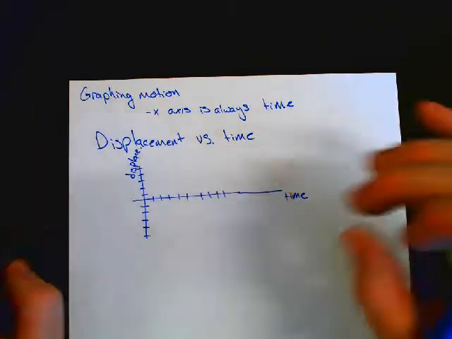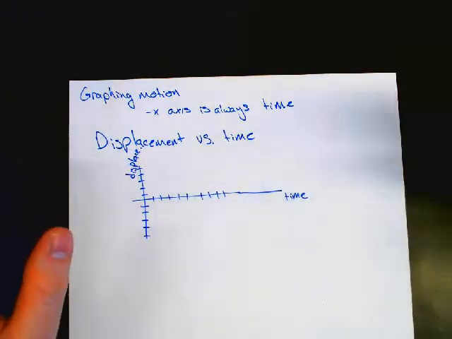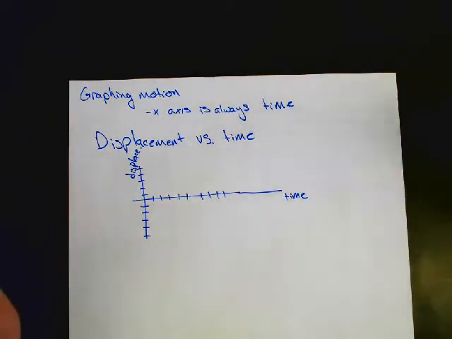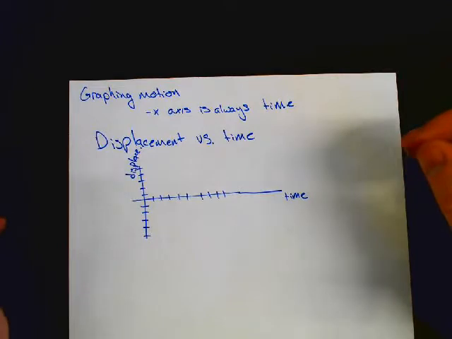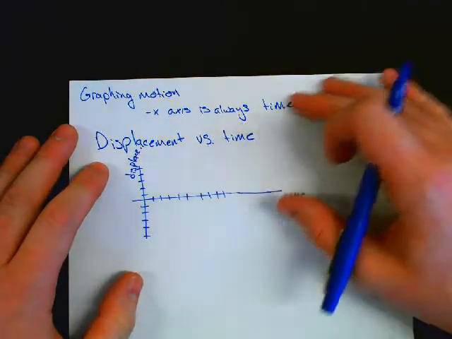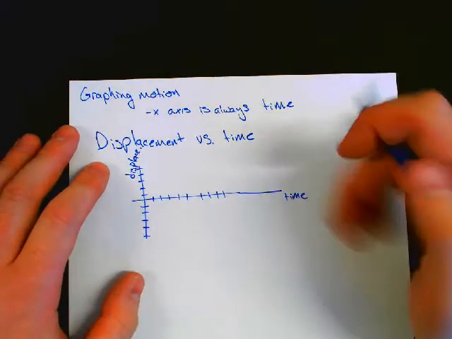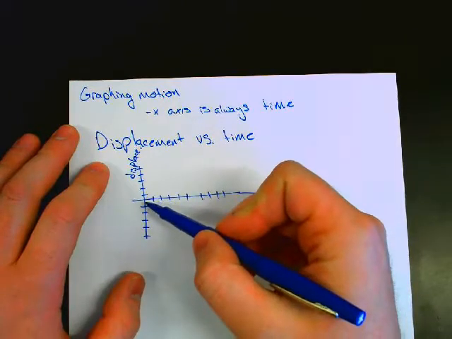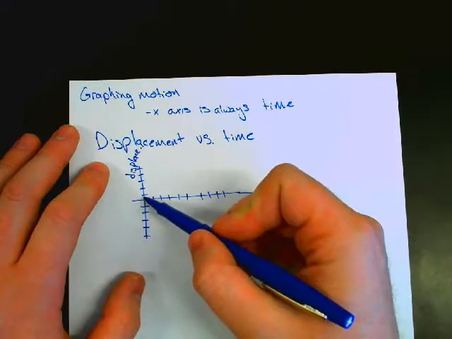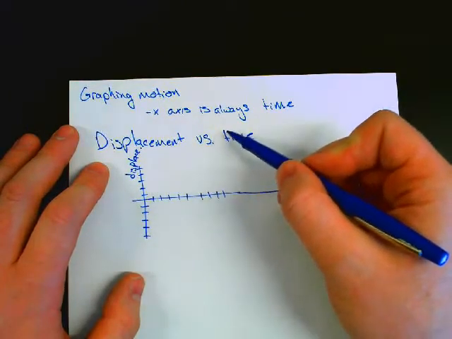For the purpose of this, a couple of things that we want to make sure we understand. As it was said, this is displacement versus time, and therefore we can have negative values. It also means that we don't continually increase in value. A distance versus time graph always increases.